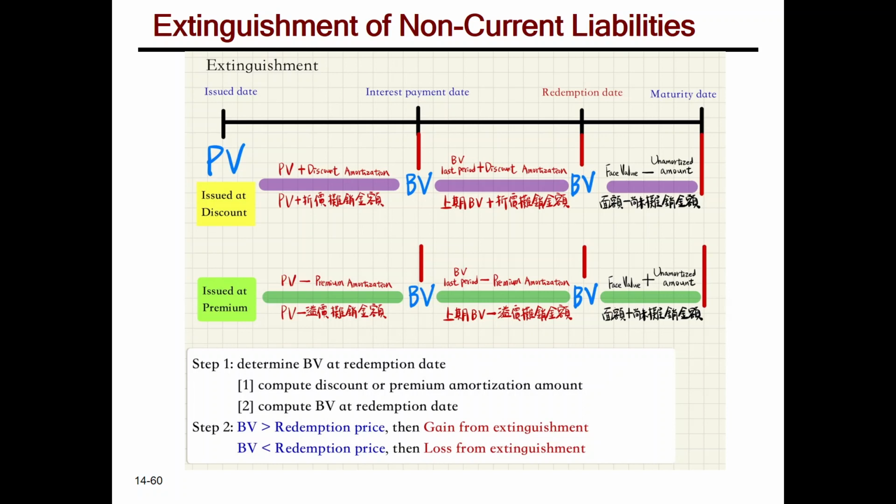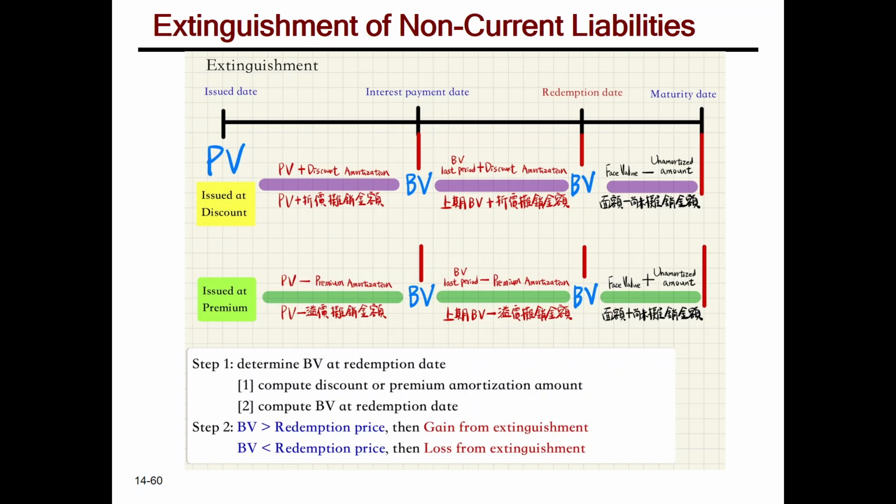If your company issued a bond at a discount, right? And each period we should do what? Discount amortization. So your book value will be plus discount amortization to increase your book value to principal at the maturity date, right?